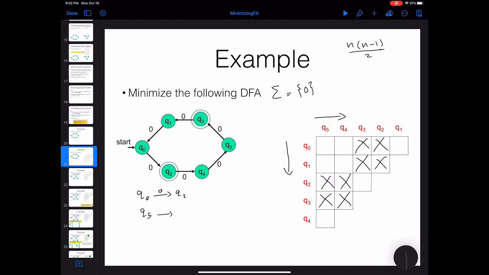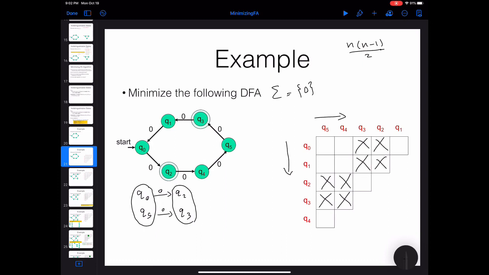And from Q5 over 0, I am going to Q3. Right? So now I know something about Q0 and Q5: the equivalency of these two states is going to depend on equivalency of Q2 and Q3.